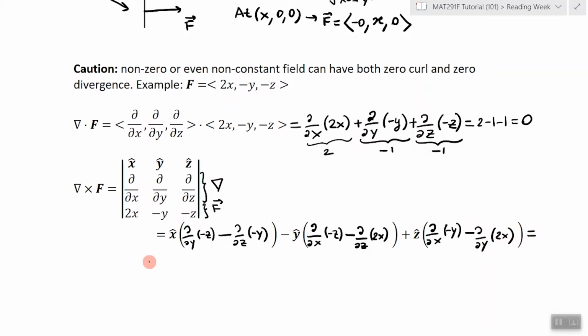This is equal to, let's see, this derivative is 0, this derivative was also 0, same for this one, this is 0, this is also 0, this is 0, and this is 0. So overall, we get a 0 vector. Okay, let's do the next question.